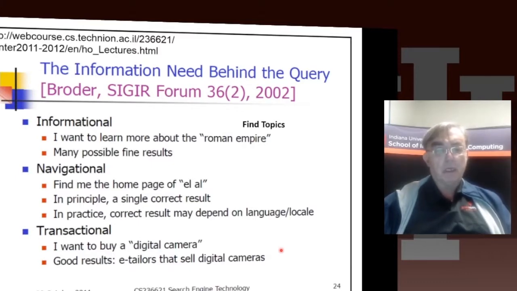And there is the type of information that Wikipedia is aimed to answer, which is like when you do Roman Empire, you want to have a rich set of information about Roman Empire. One thing I use a search engine for is spelling. I type a single word at the search engine, and usually the search engine is pretty clever.